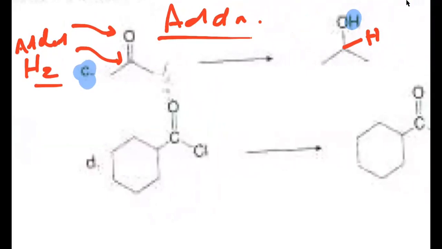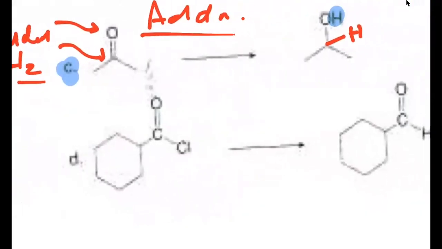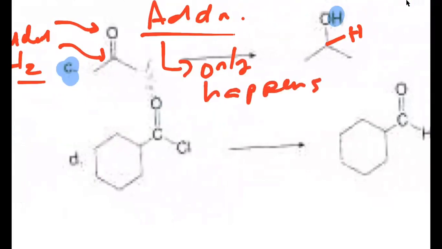Addition only happens on pi systems or on pi bonds. Right, so addition is exactly what it says. It's the addition of an atom or functional group to a pi system.